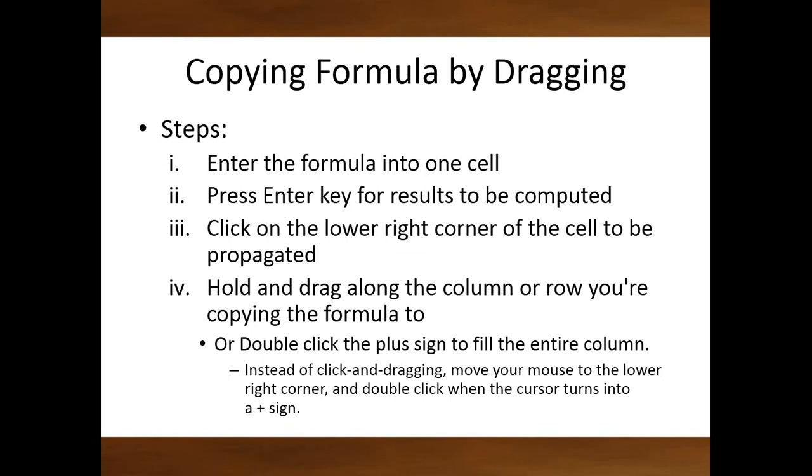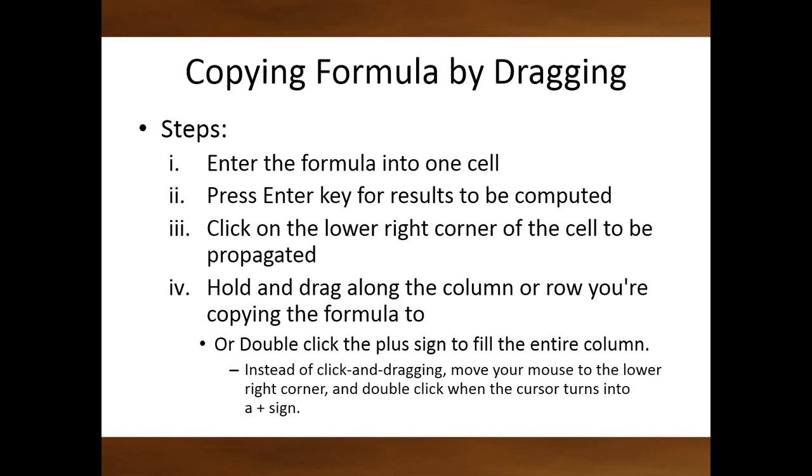Step 3. Click on the lower right corner of the cell to be propagated. So here when we talk about the cell to be propagated, we are looking at the cell containing the results. 4. Hold and drag along the column or row you are copying the formula to.